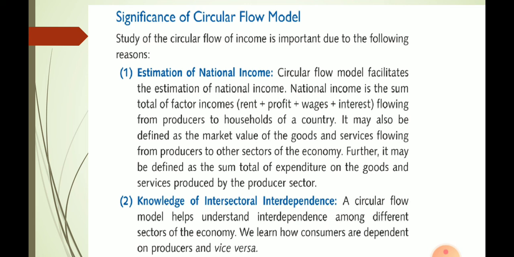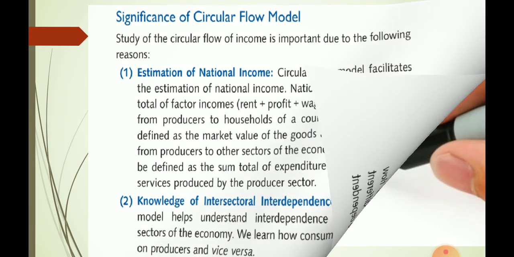That is the reason. And the second importance is knowledge of intersectoral interdependence. With the help of the circular flow, we are able to understand how all these four sectors of the economy are interdependent on each other. Thank you.